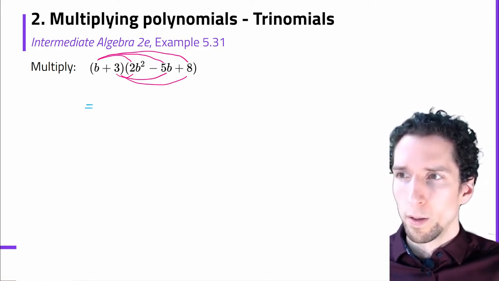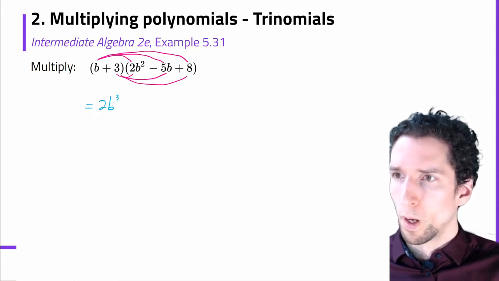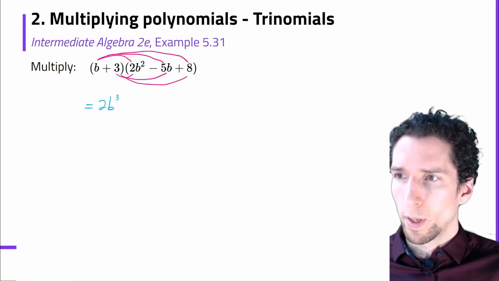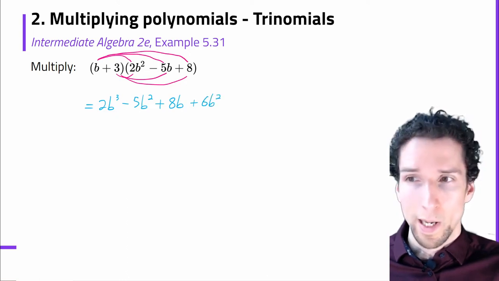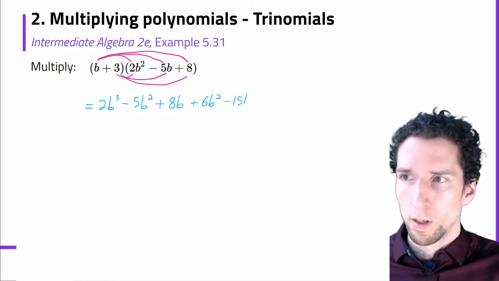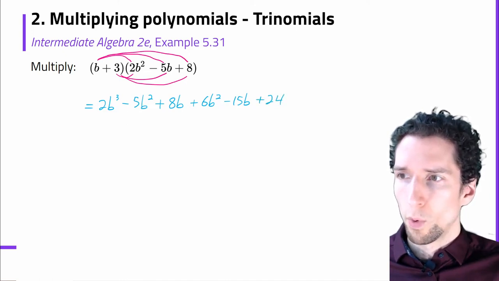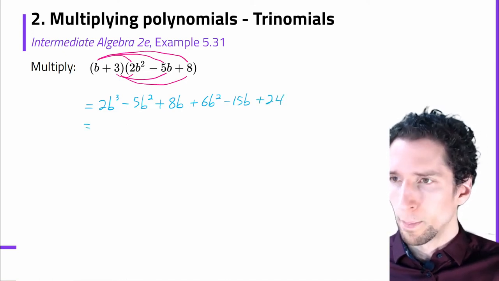So we can just say b times 2b squared will be 2b cubed. b times negative 5b, so that's minus 5b squared, and b times 8, so plus 8b, and next 3 times our 2b squared, so 6b squared, 3 times negative 5b, so minus 15b, and last one plus 24, and we just combine our terms here.